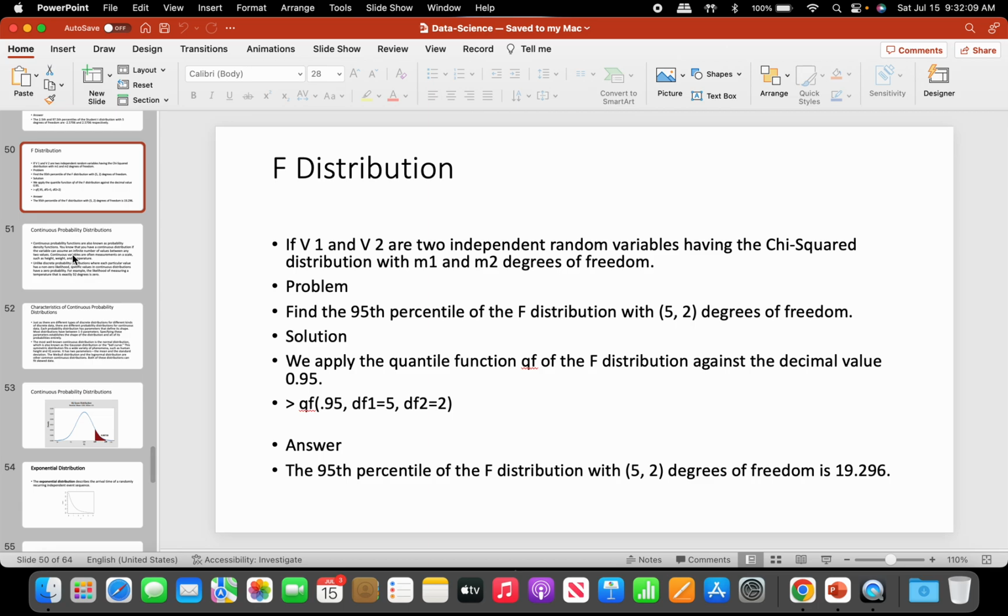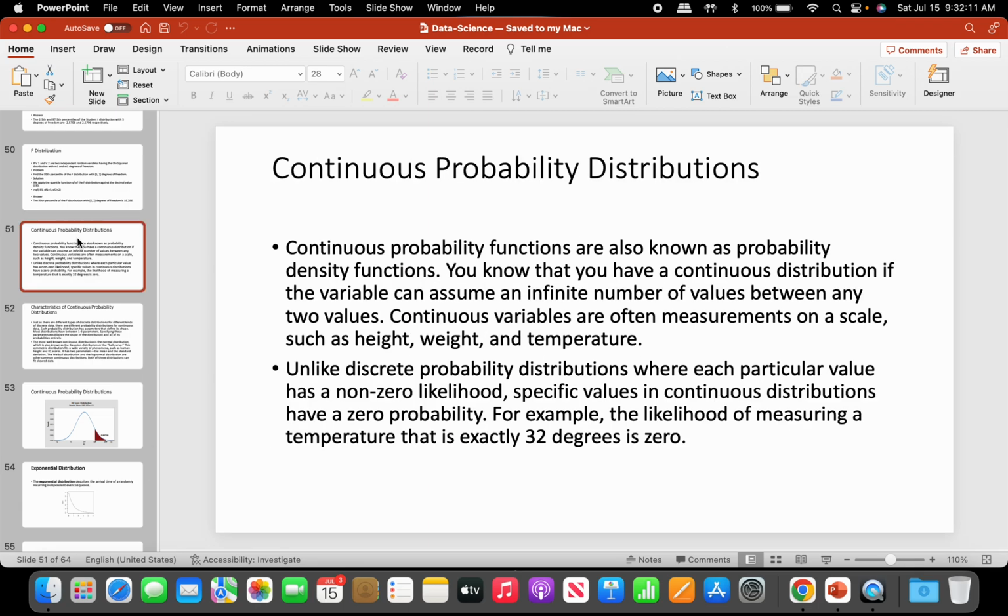Then the next type is the continuous probability distribution. So the first type is discrete, the second is continuous. Discrete is for discrete variables, continuous is for continuous variables. And for continuous, it is where you have non-round values, right? So it's the best way to approach distribution functions where you have variables which are non-round.